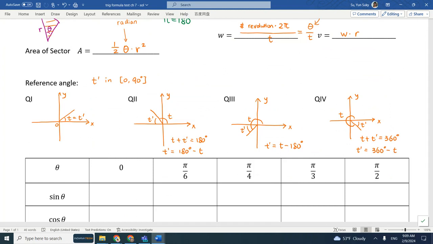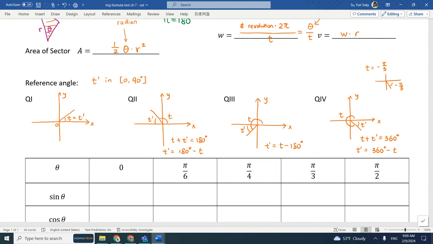Yes, everybody? But be careful, because sometimes they give you t as a negative angle, like a negative measure. For example, if they give you t is negative pi over 3, well, that means negative, you go what? Clockwise. So this is negative pi over 3.